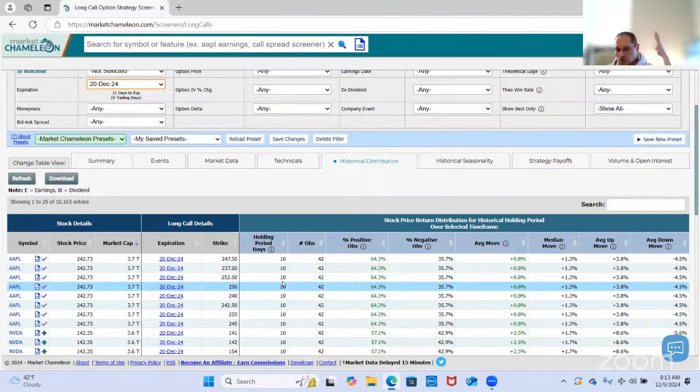How does Apple usually move in a 10-day period? So we have two reference prices, a start, and then 10 days later, how far away does Apple move from that reference price? Sometimes it can be higher, sometimes lower.